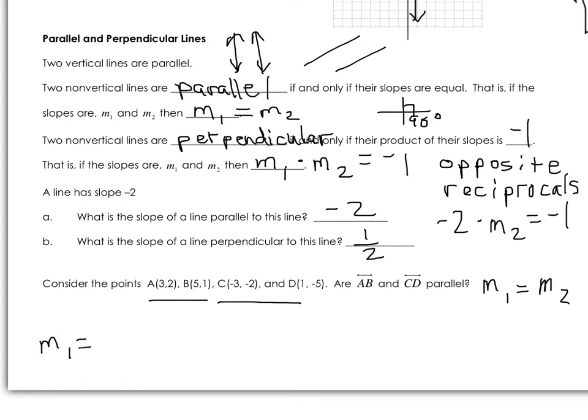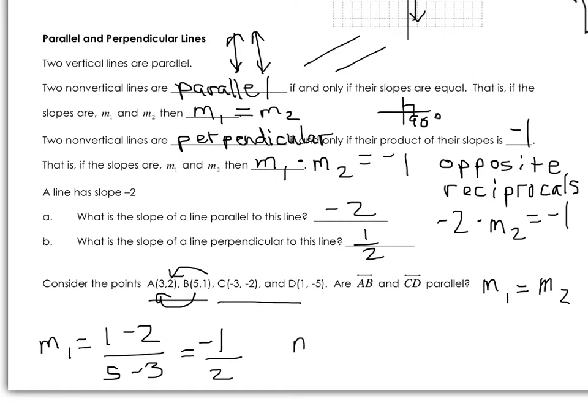Let's find the first slope. From A to B, we want to find the difference in the y values over the difference in the x values. -1/2. -1/2 is our first slope.